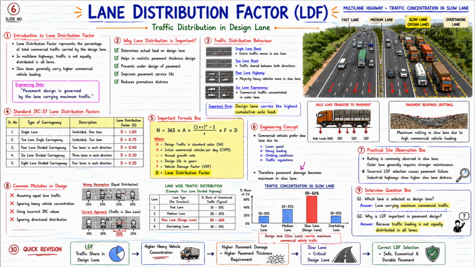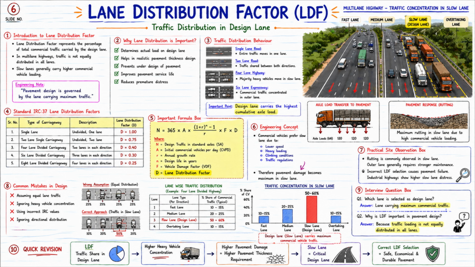The 4-lane divided highway example. Fast lane 10% to 15%. Medium lane 20% to 25%. Slow lane, the design lane, 50% to 60%. Overtaking lane 10% to 15%. That means maximum commercial traffic is always carried in the slow lane.